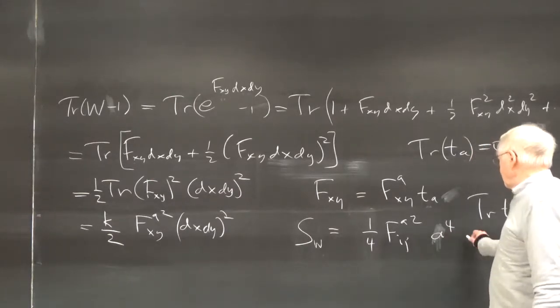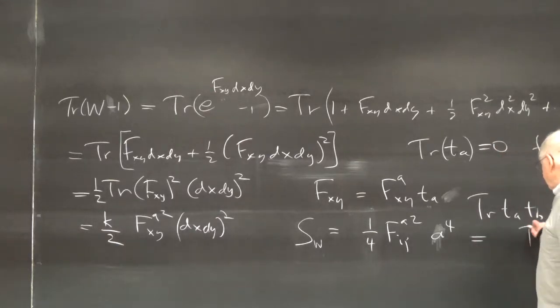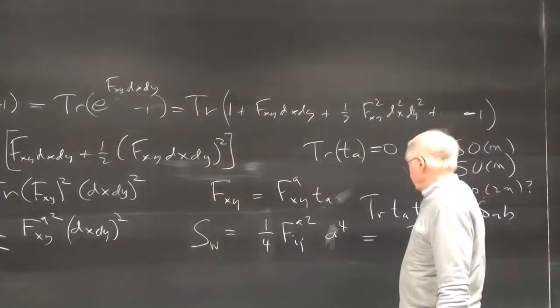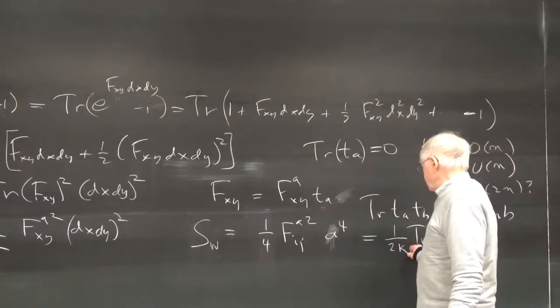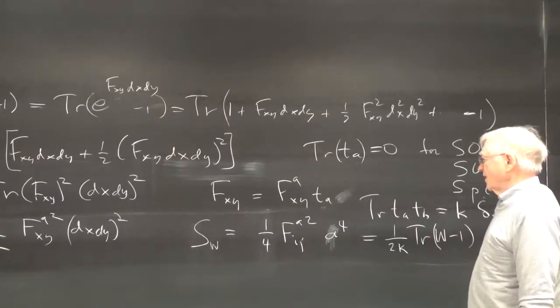And so this would be the trace of the Wilson loop minus 1, and we have to divide by 2K. Or do I have that wrong?